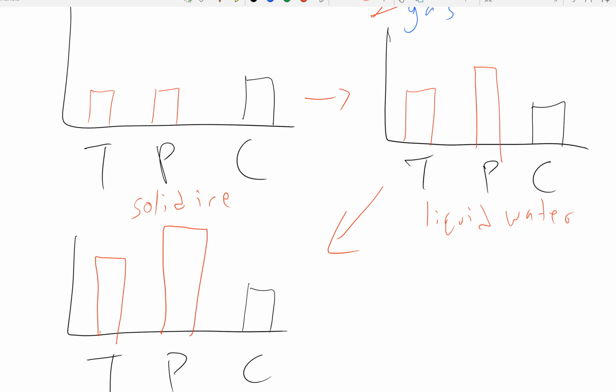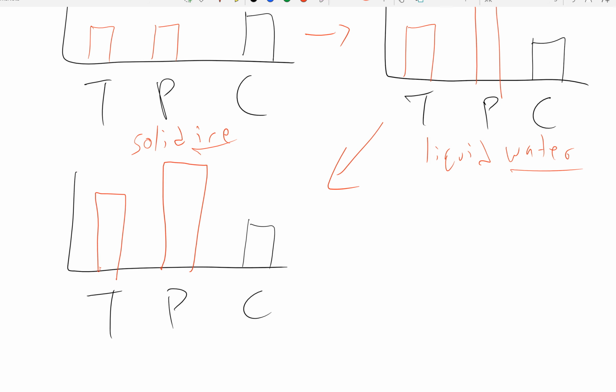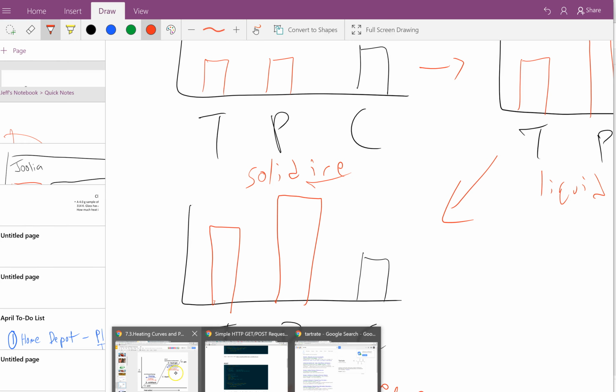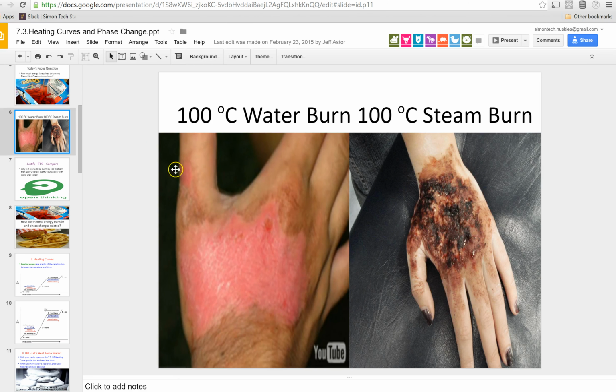It goes from first raising the temperature of ice and then changing it from ice to water. Then it raises the temperature of water and then it turns it from water into gaseous steam. So if we look back at that picture, it makes a lot of sense why the steam burn over here looks substantially worse than the 100-degree water burn, even though they're the exact same temperature.